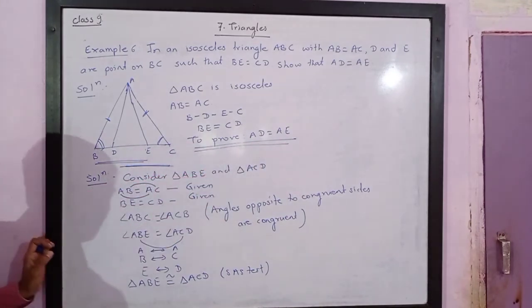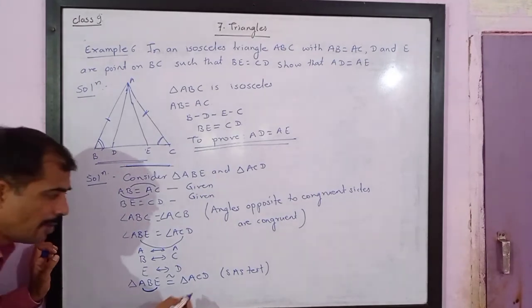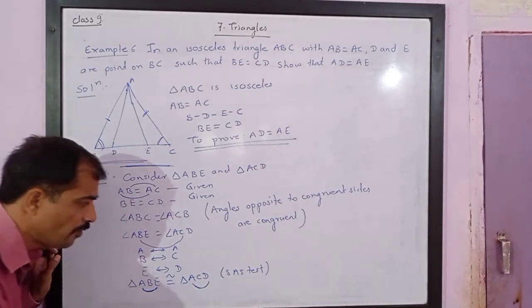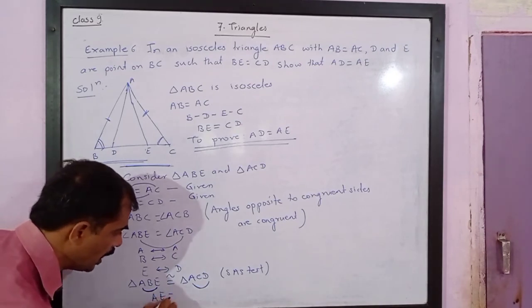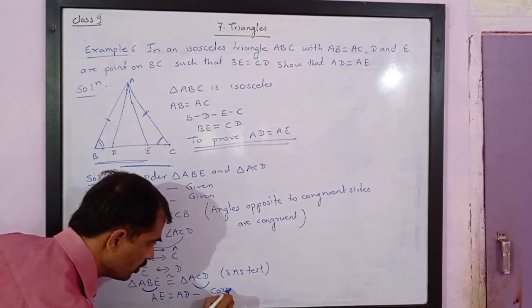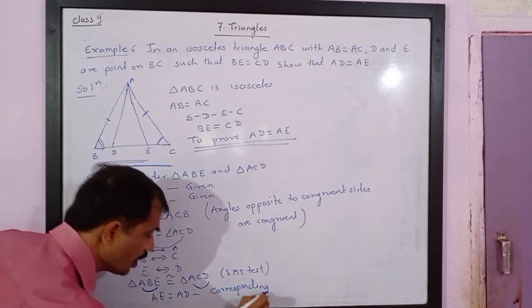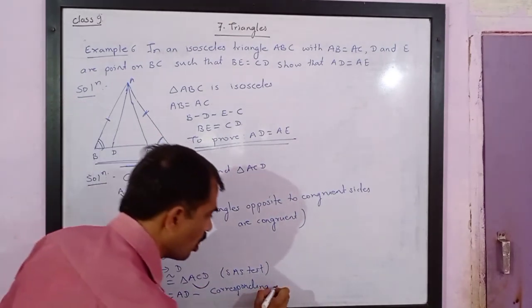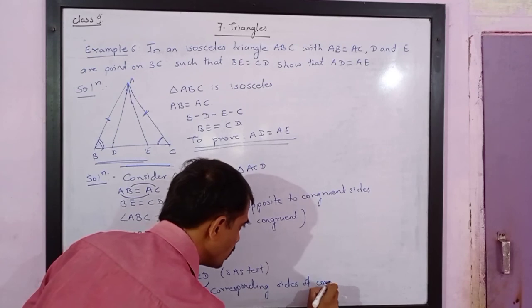You can see AE is formed by the first and third vertex, and this side must be congruent to the side formed by the first and third vertex. So I will get AE is equal to AD. Reason is they are corresponding sides of congruent triangles.